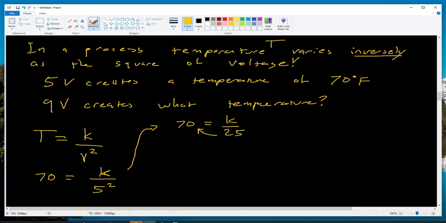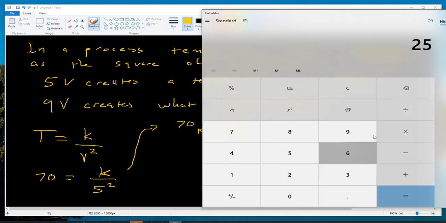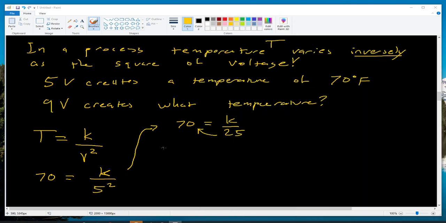So the 25 multiplies to 70. 25 times 70 is 1750. So we get 1750 is our K value. Now we can rewrite our problem.